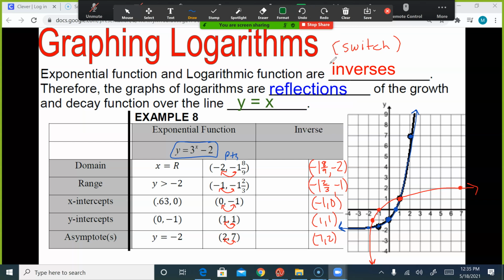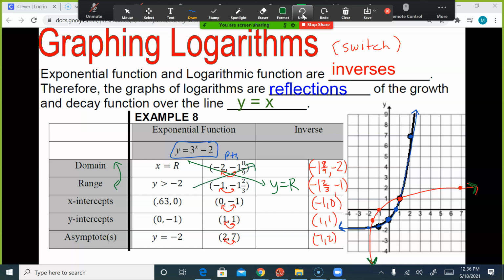But what we have to do for the information is switch the critical values. So domain and range are actually just going to switch. The range is going to come here to domain, the domain is going to switch to the range. So then the range is going to be all real numbers, but it's a y equals, because this side's going to go down forever, and this side's going to go up forever.